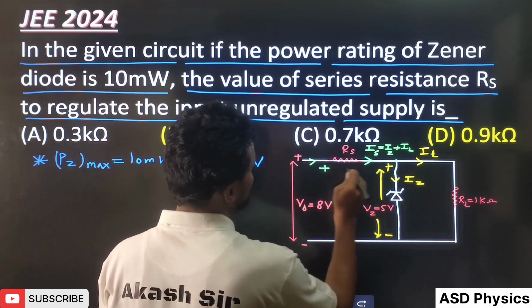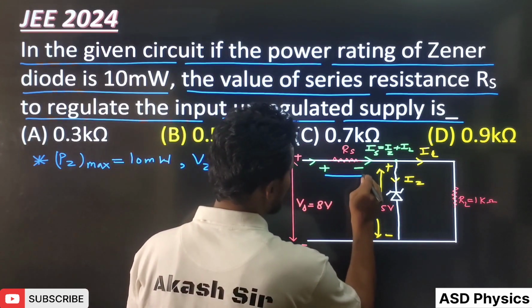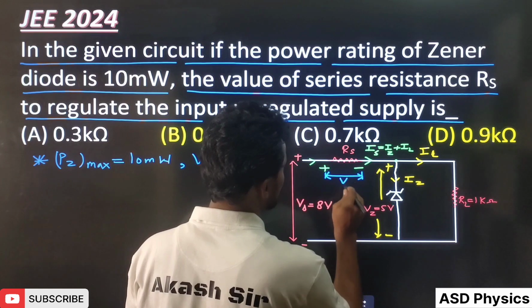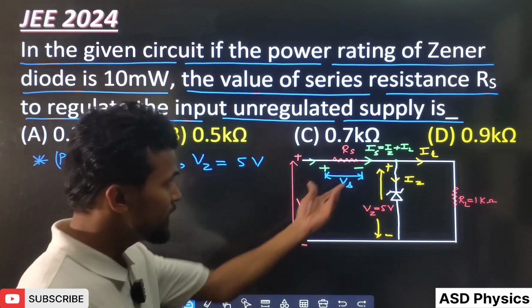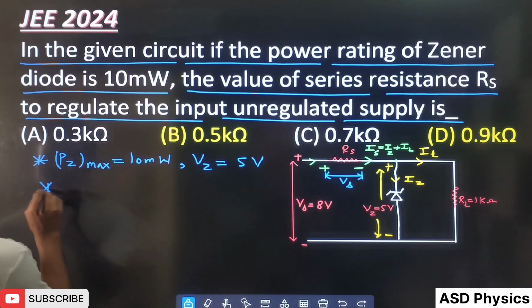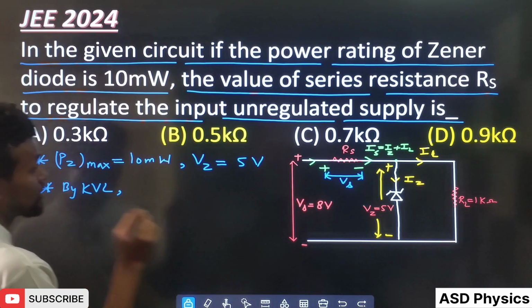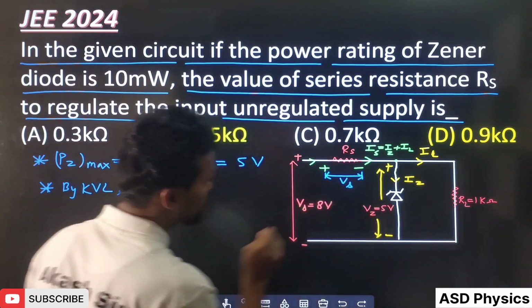Now this polarity is plus, this polarity is minus, and let's take this voltage as Vs. Here our target is to calculate RS. So next, if I write by KVL in this left side loop, what can I write?